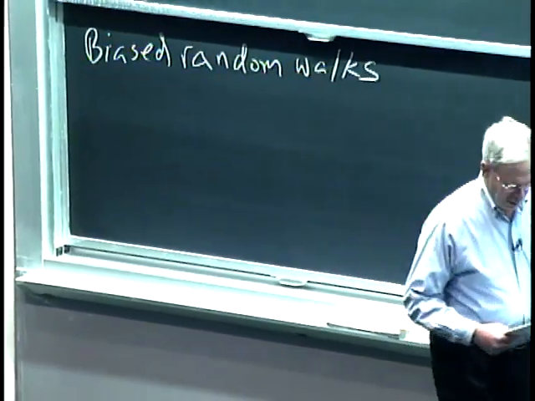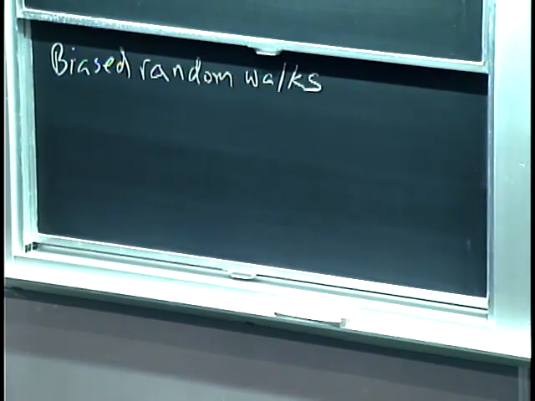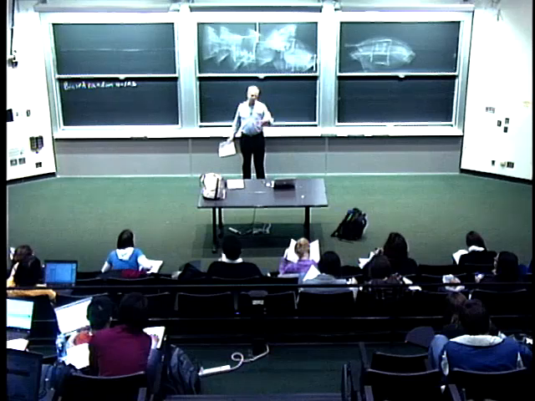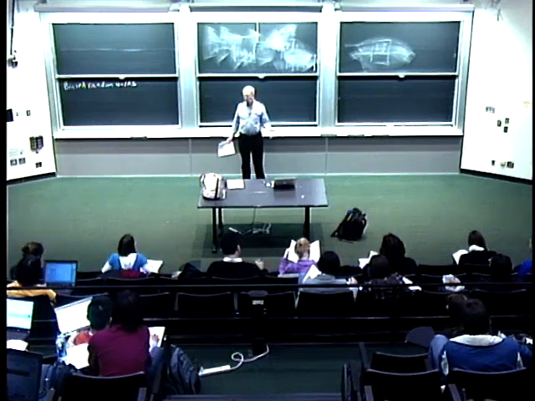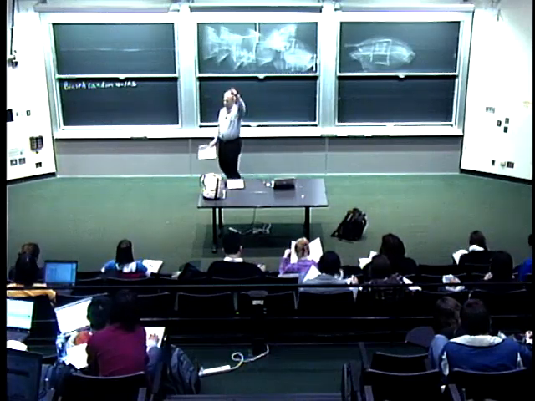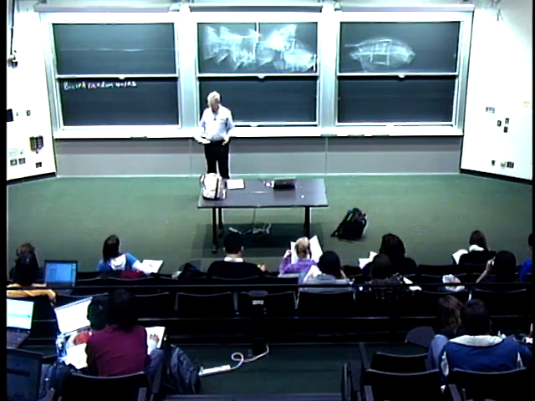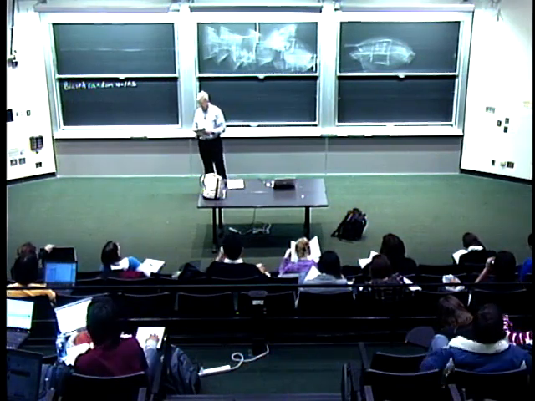So the notion here is the walk is still stochastic, but there's some bias in the direction. So the movements are not uniformly distributed or equally distributed in all directions.